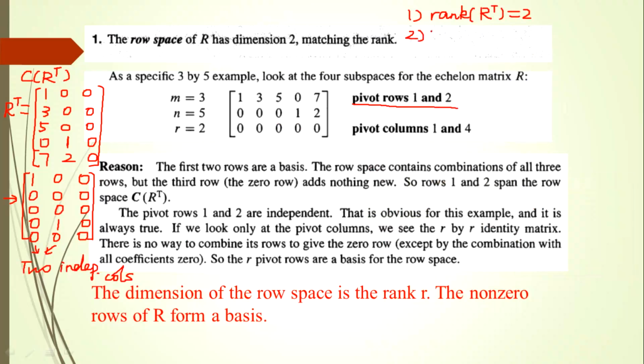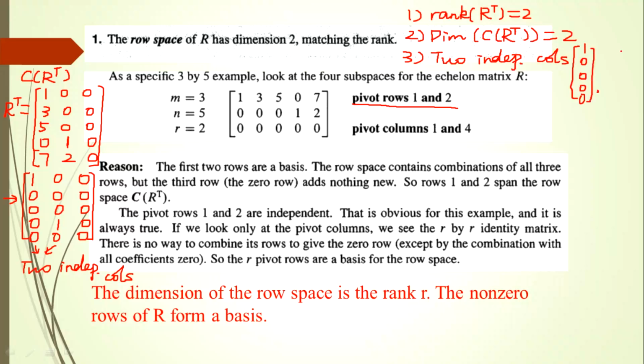So the dimension of the column space of R transpose, which is the dimension of the row space of R, is 2. So number 3, 2 independent columns, 1 0 0 0 0 and 0 0 0 1 0.